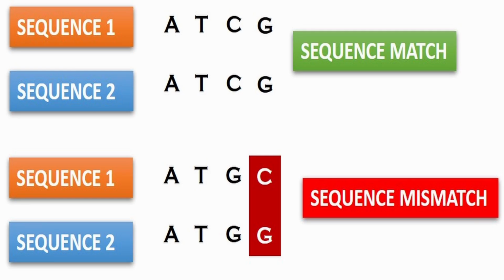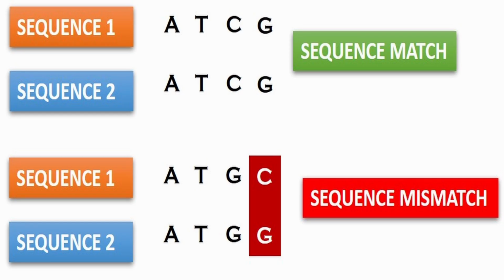In sequence 1, we have the letters A, T, C, G, and in sequence 2, again we have the same sequence, that is A, T, C, and G. So you can see that the sequences are identical to each other. In these conditions, these sequences are said to be matching with each other at all the positions.